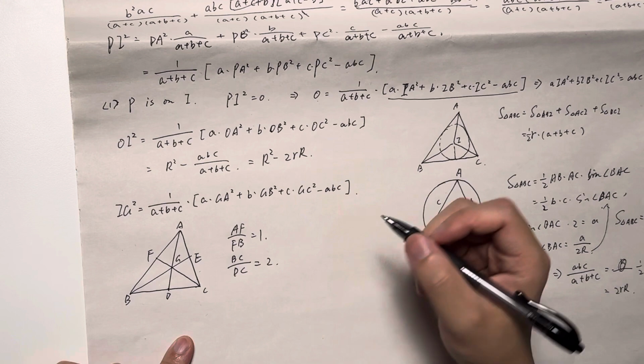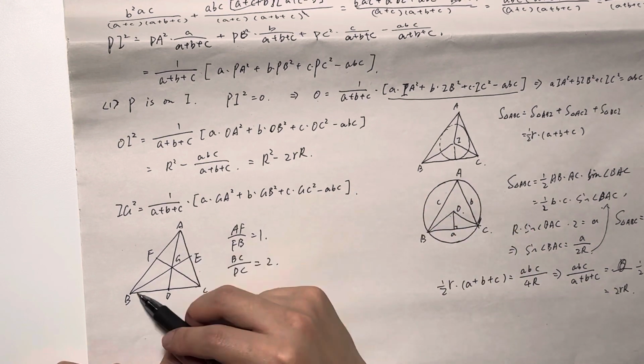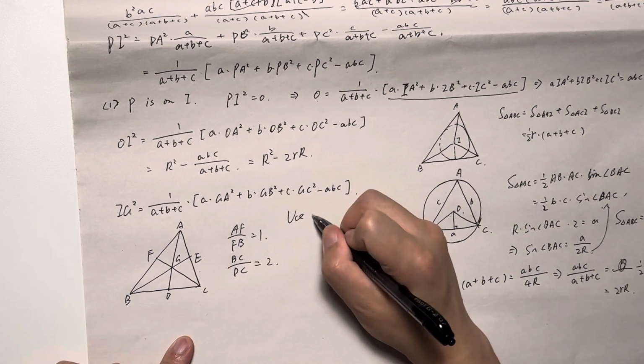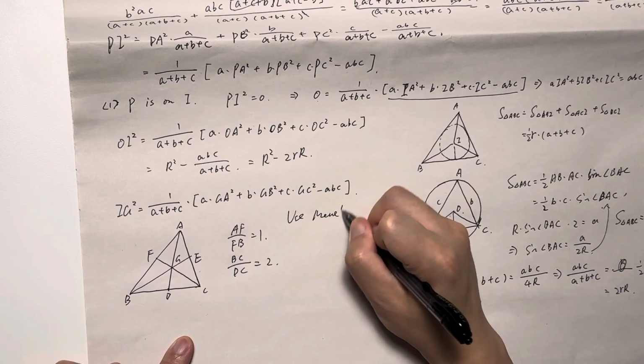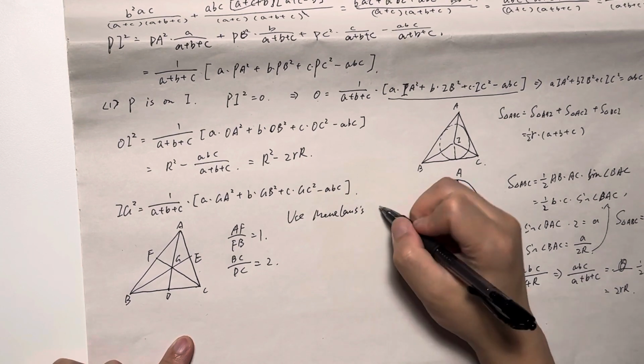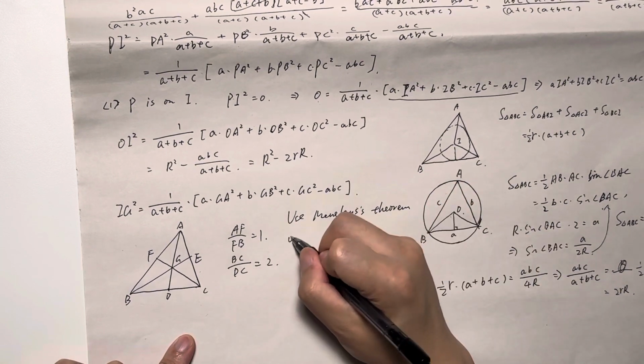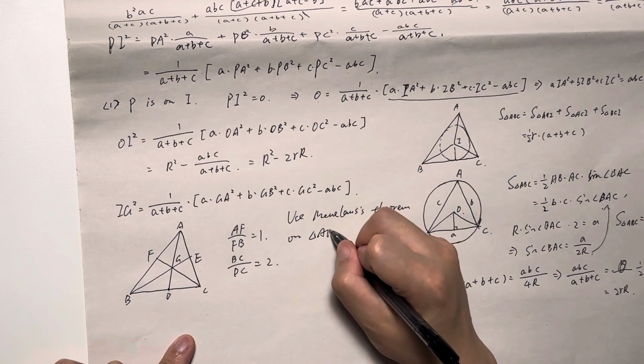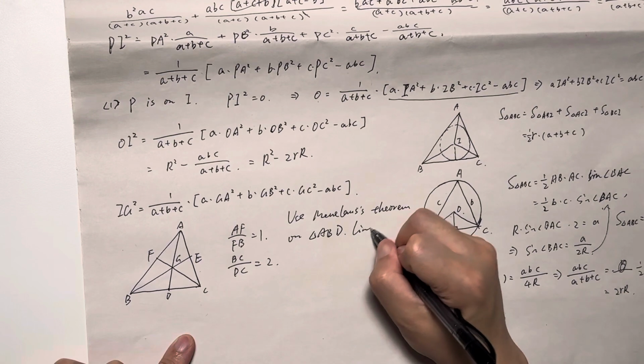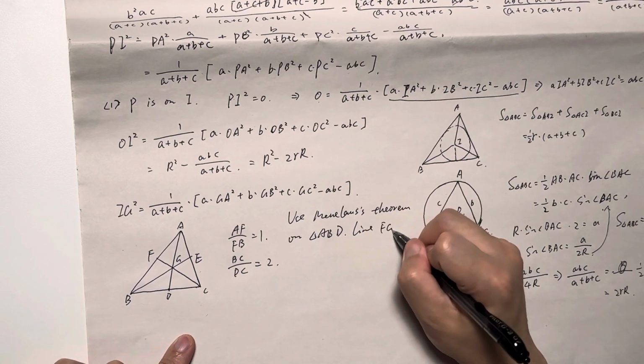So we use Menelaus's theorem on triangle ABD and line intersection line FGC.